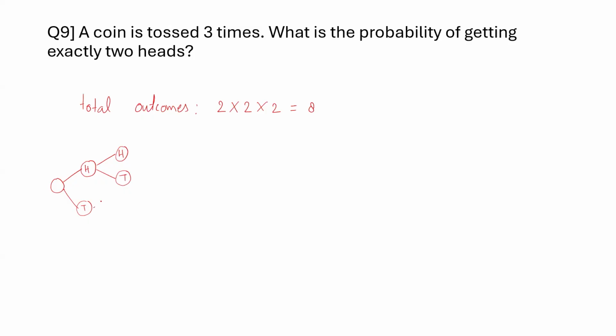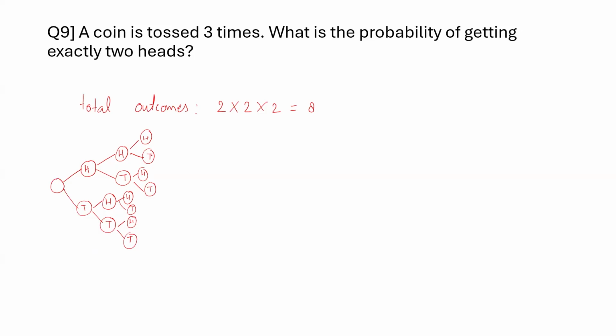And if it is a tail in the first flip, again, you will have 2 possibilities. It could be head or tail. So this is your first flip. This is your second flip. Again, you are flipping a coin. This is your third flip. Again, you have 2 possibilities, heads or tails. Again, it could be head, tail. This time also it could be head or tail.